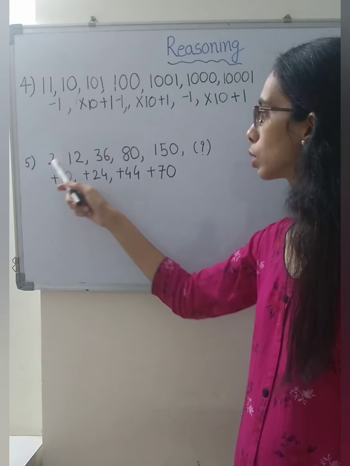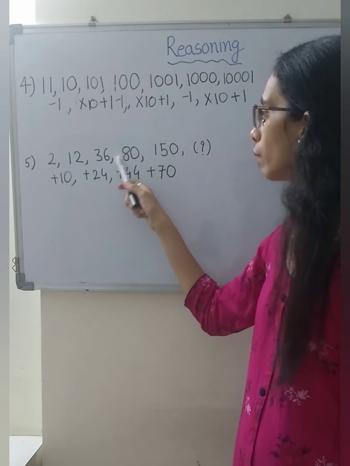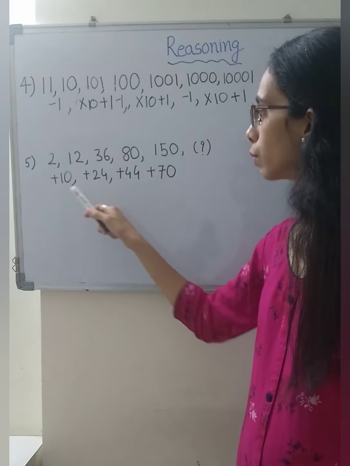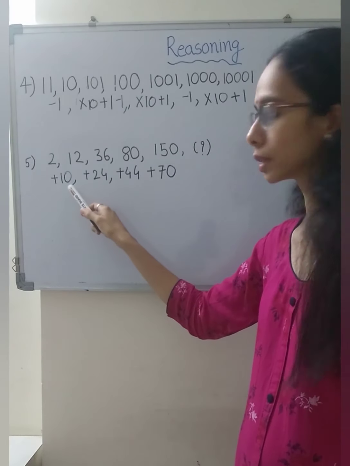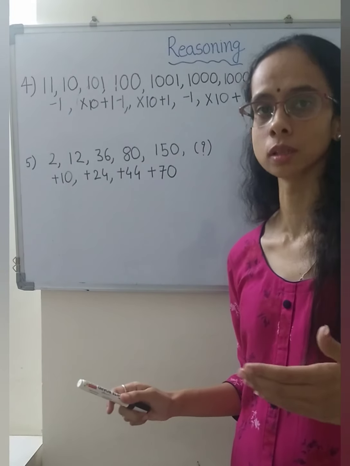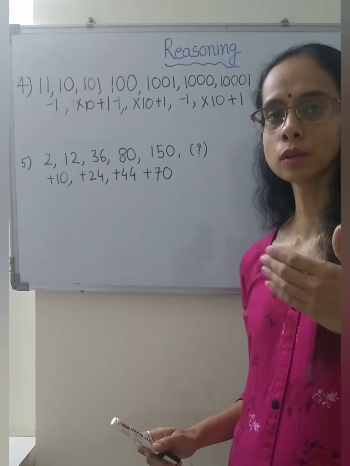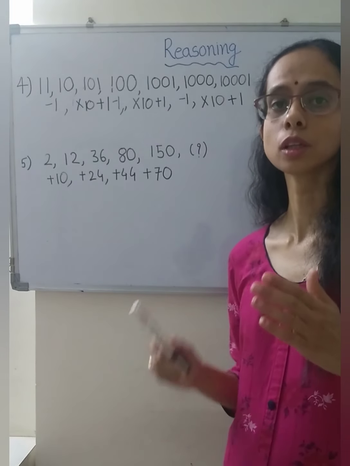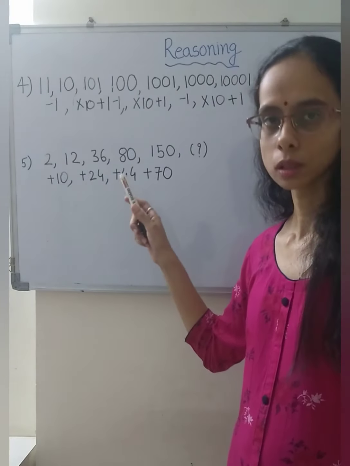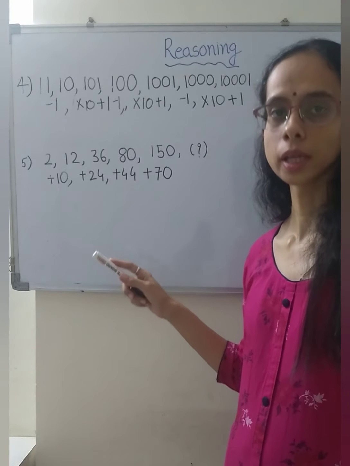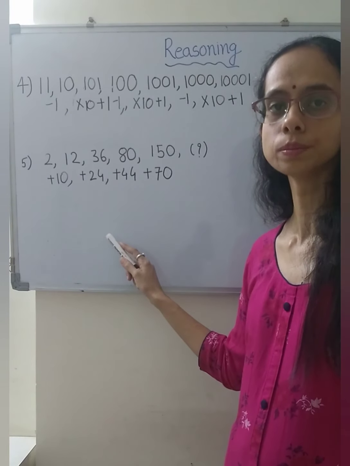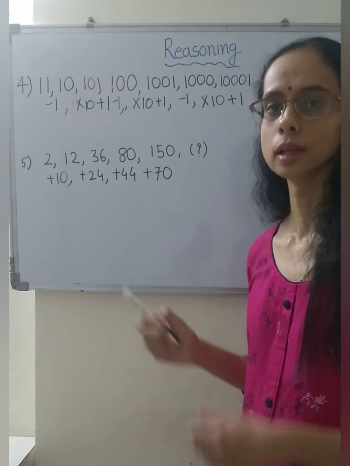When the difference between the two consecutive terms of the series is such that it forms a new series, and then when the difference between the consecutive terms of the second series forms a third series, and then it continuously forms on till we get the uniform difference between the consecutive terms of that series. Okay, let's see how.